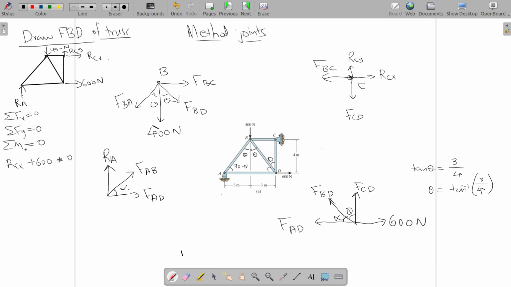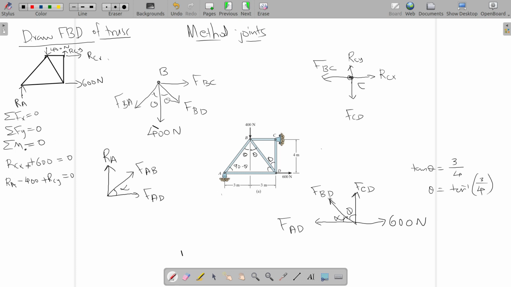So RCX is equal to minus 600. Simple. Now net force in y direction is 0. That means RA plus 400 Newton is downwards, fully downwards, so minus 400. RCY is upwards, so plus RCY equal to 0.